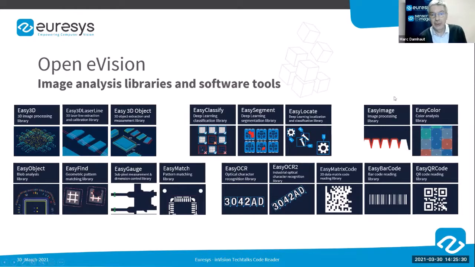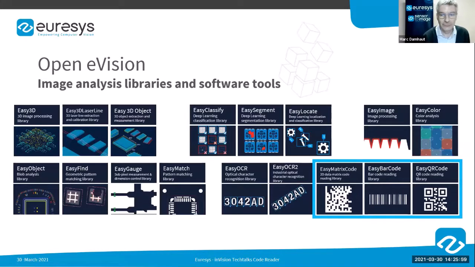We have more standard libraries that include color image processing, blob analysis, alignment, or subpixel measurement. And today we talk about what we call our identification libraries. It includes OCR, but today we will focus on the code reading libraries that include EasyMatrixCode for reading data matrix code, EasyBarCode for reading 1D barcodes, and EasyQRCode, of course, for reading QR codes.